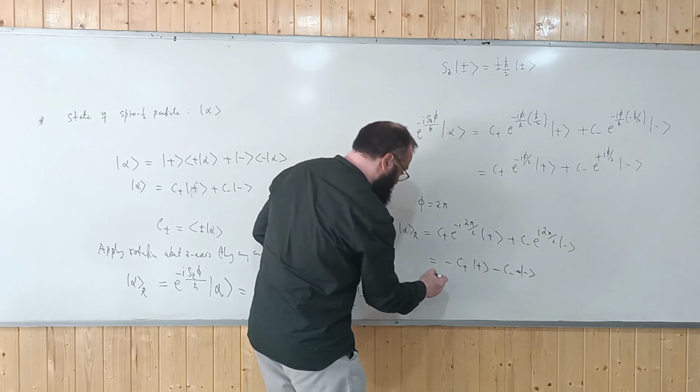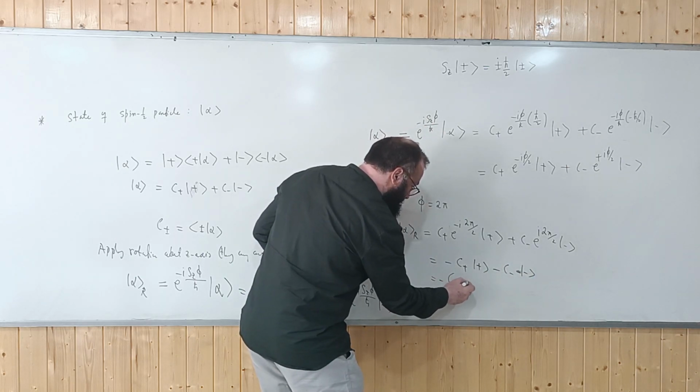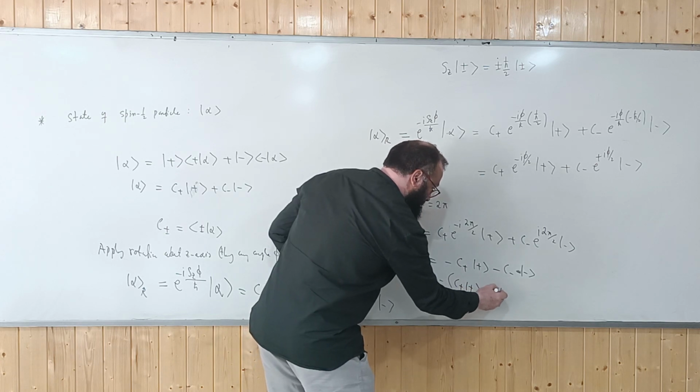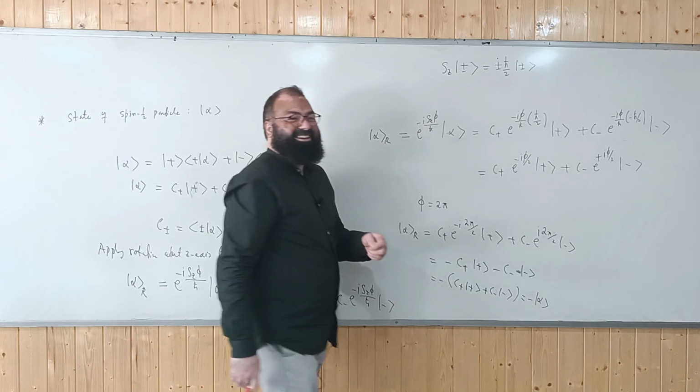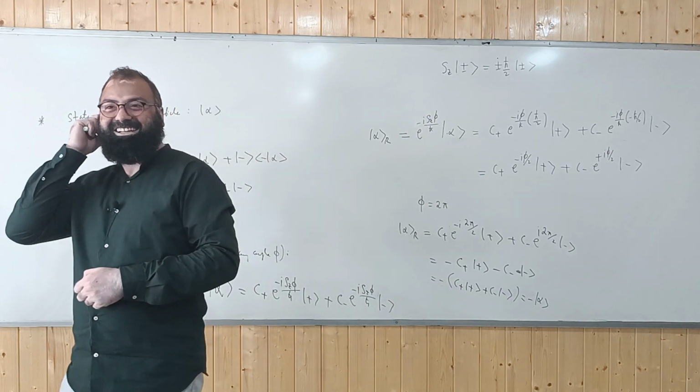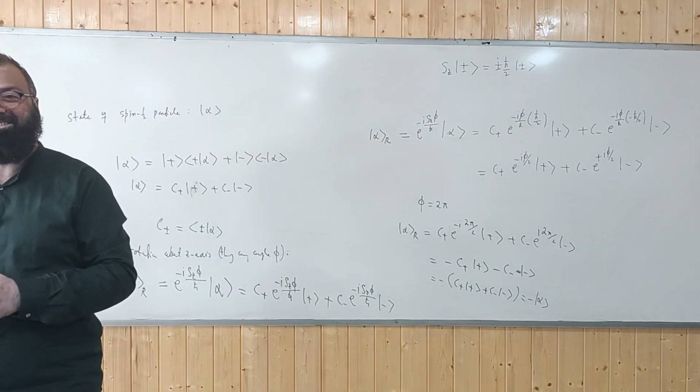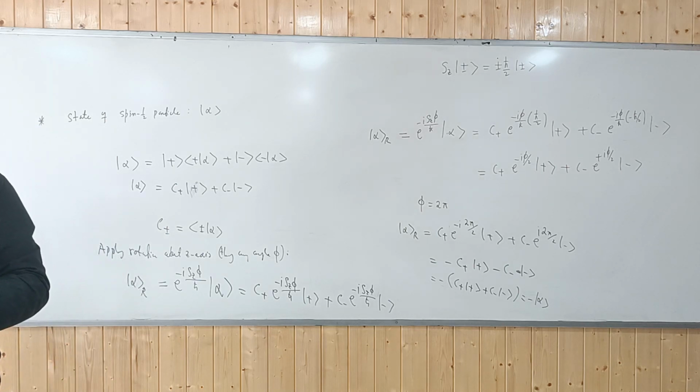Everybody? Yes, sir. So what you got is minus times C plus, C minus, minus. So what is that? Minus times alpha. So what you got is a change in sign. Usually you should not get it. So it is weird, a weird concept of quantum mechanics.